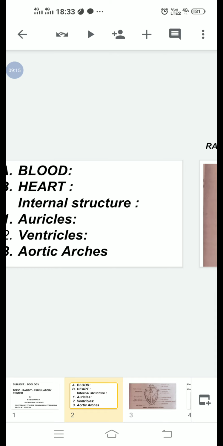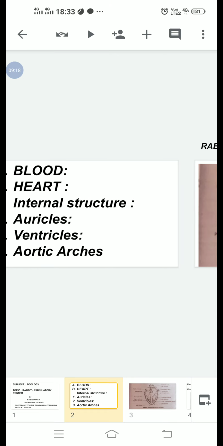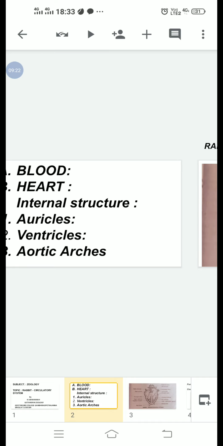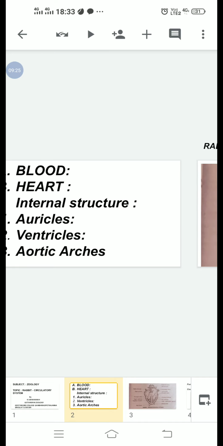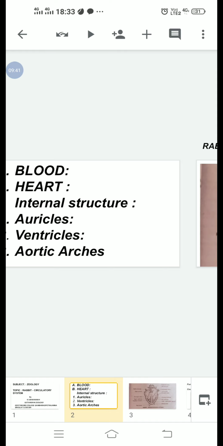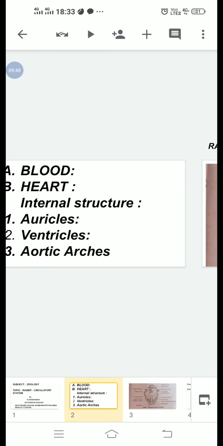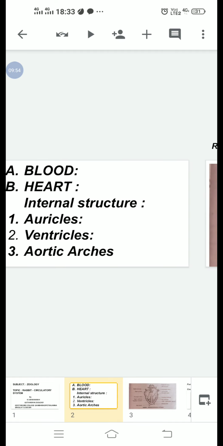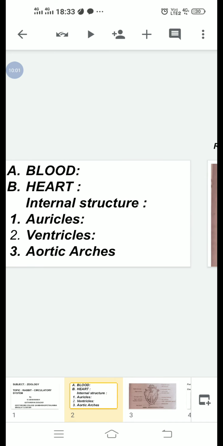The right auricle receives deoxygenated blood from different parts of the body, except the lungs, through two pre-caval veins and a post-caval vein.